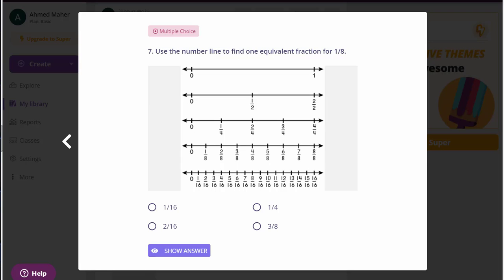Use the number line to find one equivalent fraction for 1/8. Okay. So this is 1/8 on the number line. What is the equivalent fraction? 2/16. 2/16. Yes, thank you, my hero. Great work. Okay, thank you, Hussein.